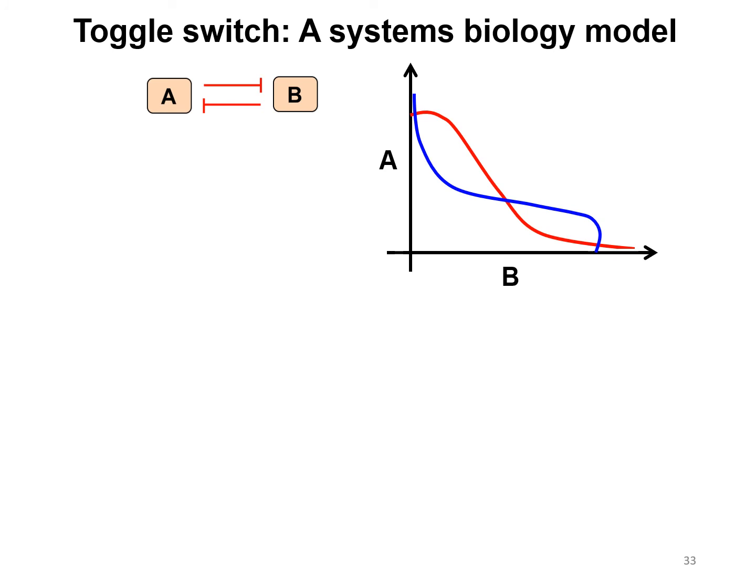One of them is the left top point, where the levels of A are high and the levels of B are low. Similarly, at the right bottom intersection, the levels of B are high and the levels of A are low. These are the two states we have been talking about, A high, B low, and A low, B high. What is the central point which is somewhere in between?